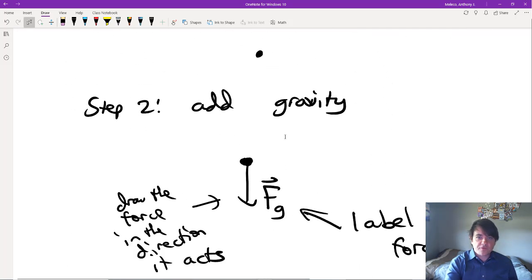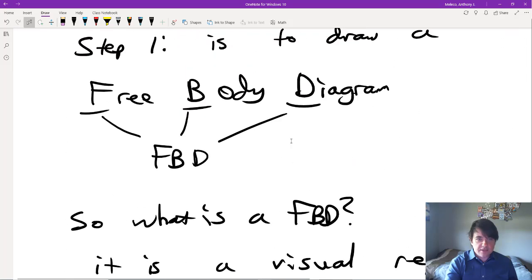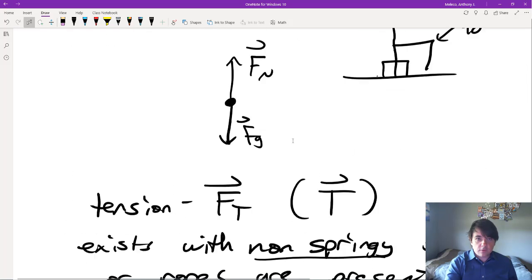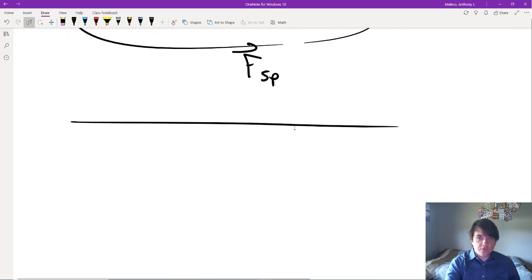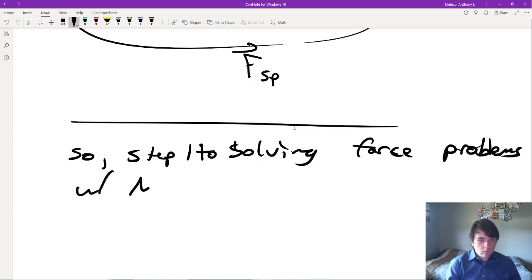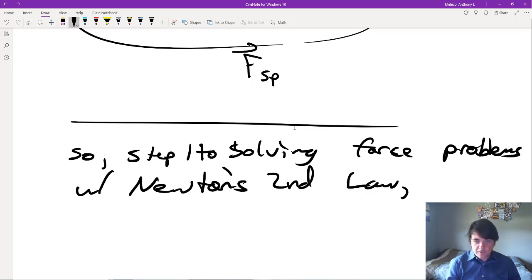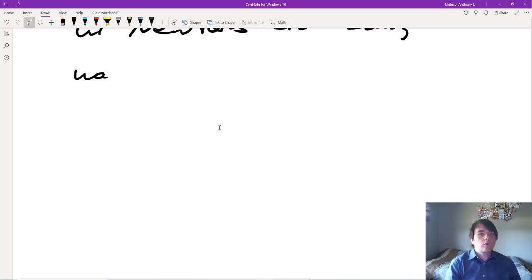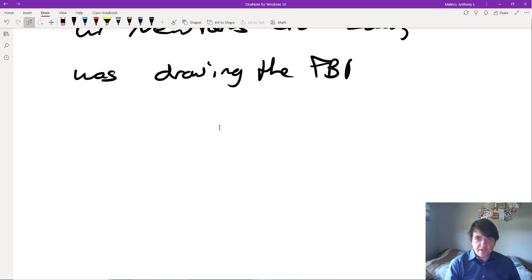So step one to solving these things is drawing the free body diagram, and you use those forces to do it. So step one to solving with Newton's second law was drawing the FBD.